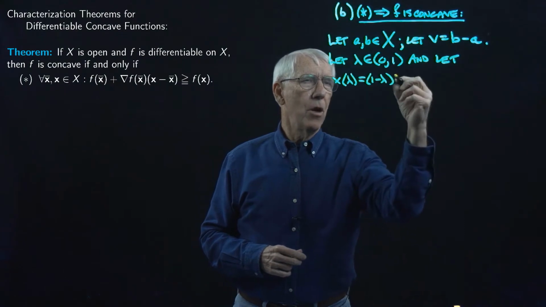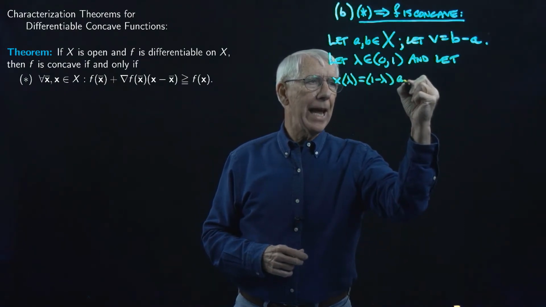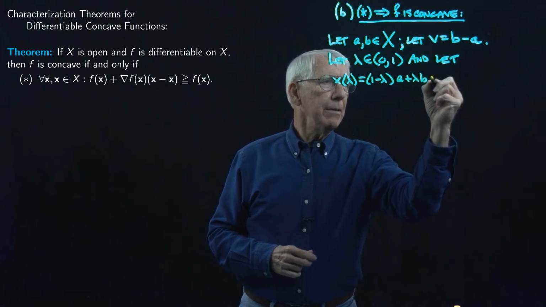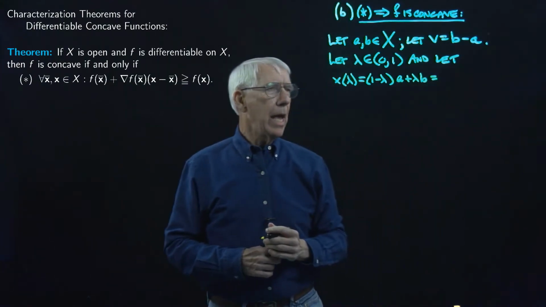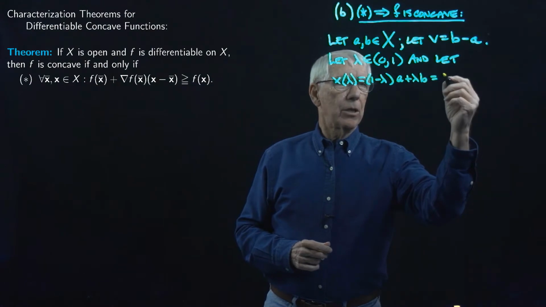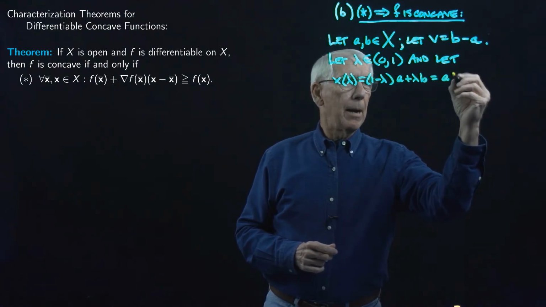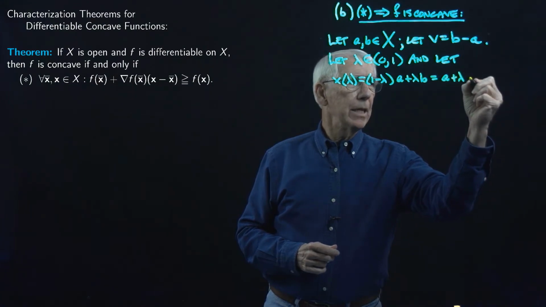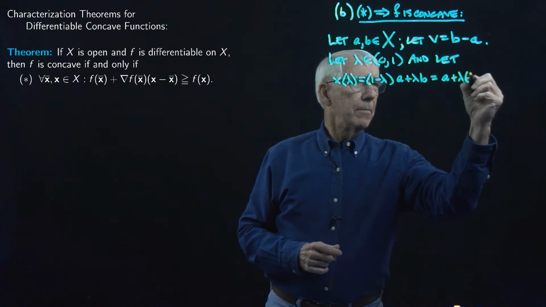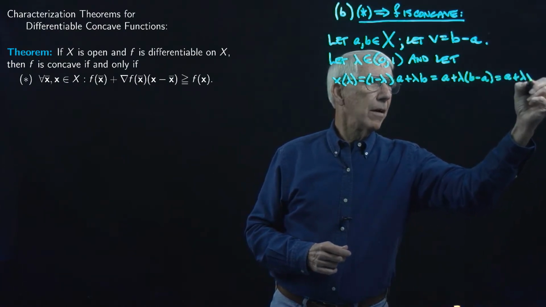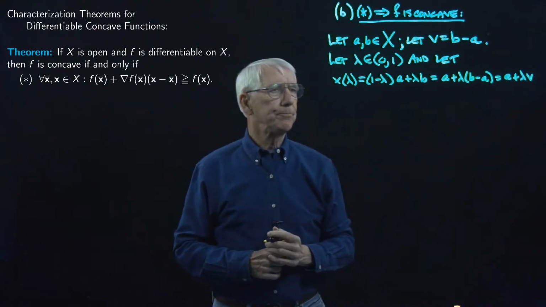In this case, we'll call it 1 minus lambda times A plus lambda times B. And that could also be written, of course, as A plus lambda times B minus A, or A plus lambda V.